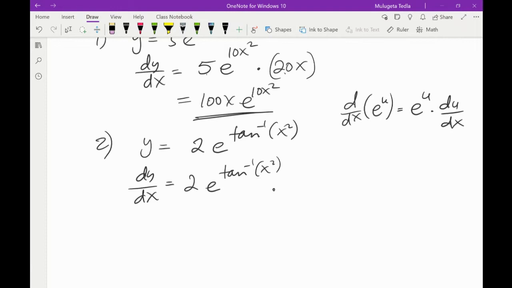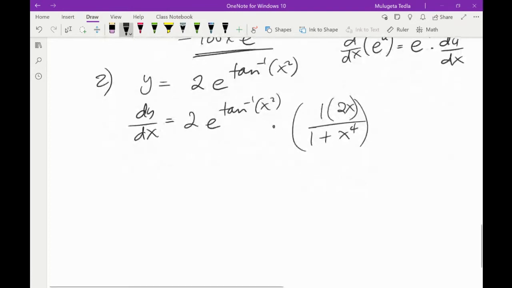Really, very easy. So for the derivative of the exponent, we have a rule for the tangent inverse. It is 1 over 1 plus the input squared, which is x to the 4, since x squared squared is x to the 4, times the derivative of the input, which is 2x. So I have 2x, I have 4x up top, e to the tan inverse of x squared.